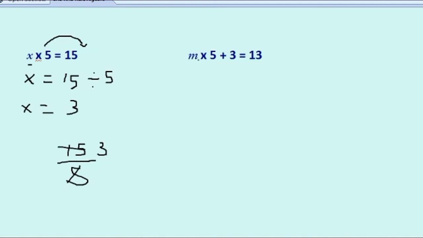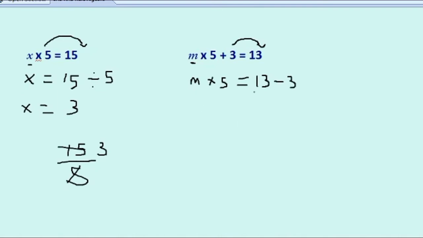Now in this problem, m into 5 plus 3 equals 13. We have to find the value of m. So first, we transfer this 3 from LHS to RHS. M into 5 will remain as it is, equals 13, and plus 3 when transferred here becomes minus 3.